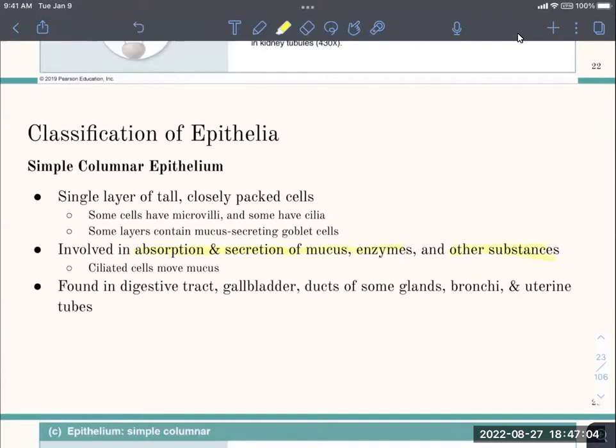Sometimes simple columnar epithelium have little ciliated cells. So they have those finger-like projections on top. So we're back talking about those again to help move things along. Your digestive tract has a lot of simple columnar, your gallbladder, some glands, the bronchi, and uterine tubes are simple columnar epithelium.